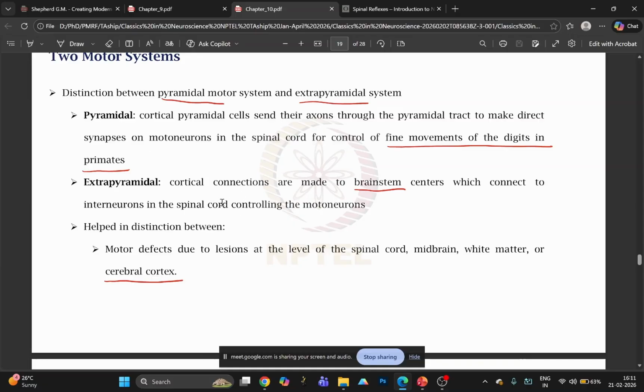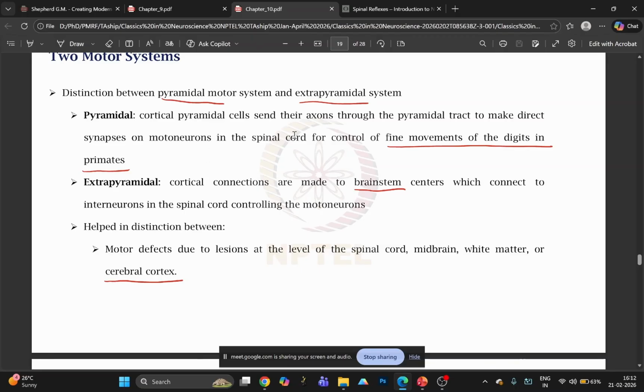And the significance of this is that it helps us understand, if there is any damage or lesion, whether that damage has happened in the spinal cord, the midbrain, the white matter, or the cerebral cortex. Basically, if someone has had damage to their nervous system, at what level has the damage happened?